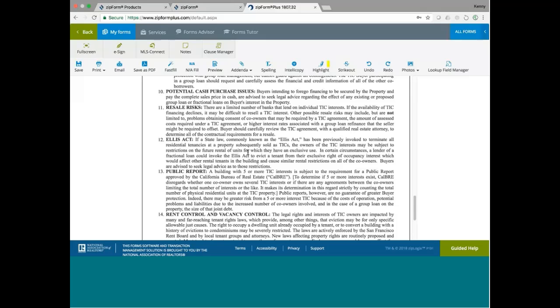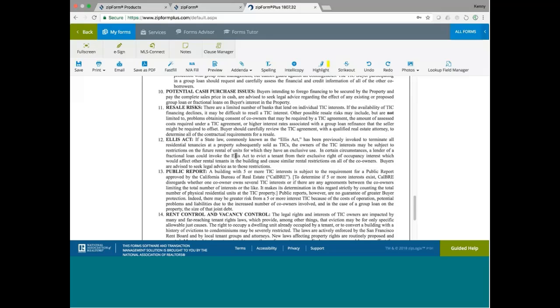Now, it says here, if a state law commonly known as the Ellis Act has been previously invoked to terminate all residential tenancy on the property, subsequently sold as TICs, the owners of the TIC interest may be subject to restrictions on the future rental of units for which they have an exclusive use. What this means is, let's say, for example, you're a TIC owner. Even a TIC owner may decide to rent out their own unit.